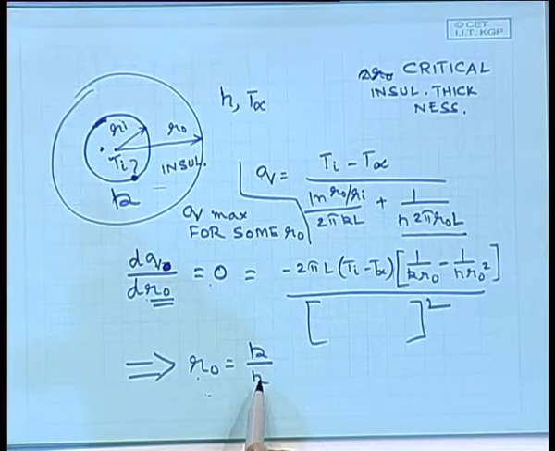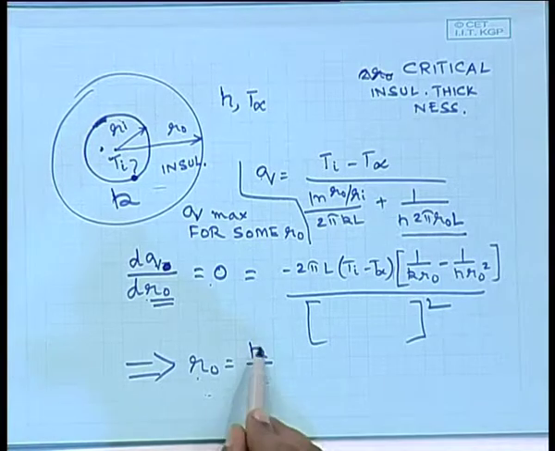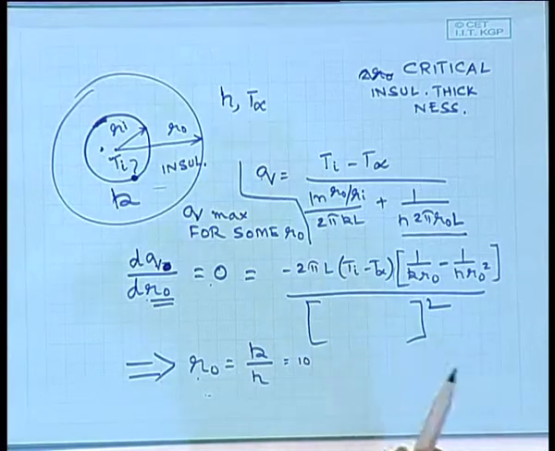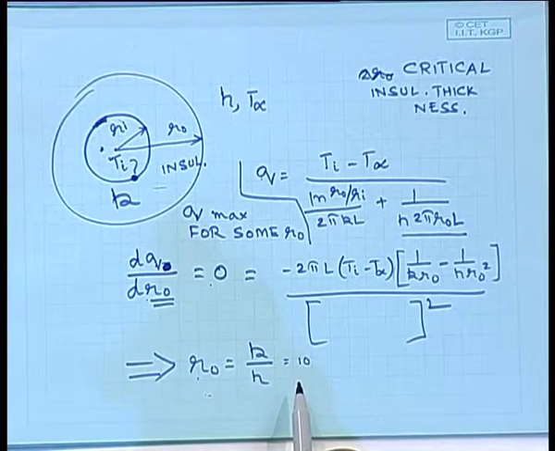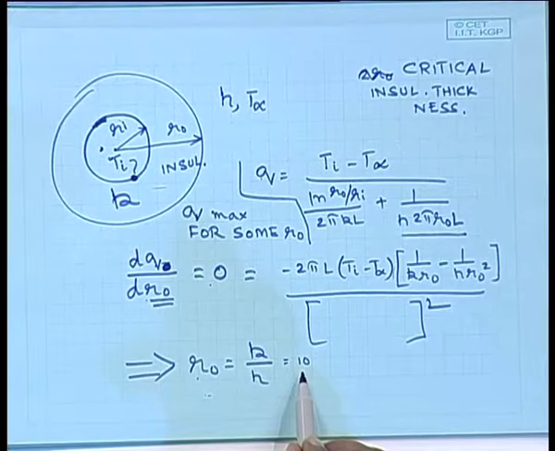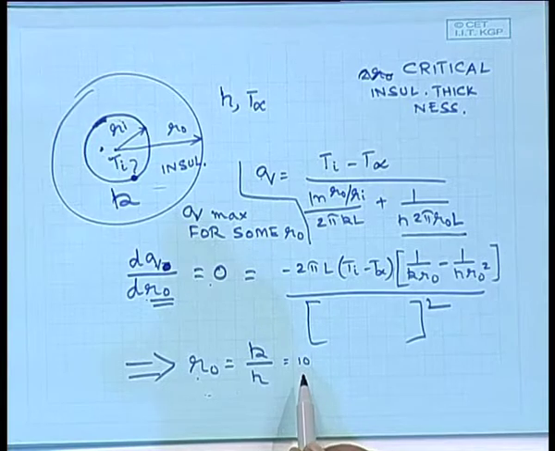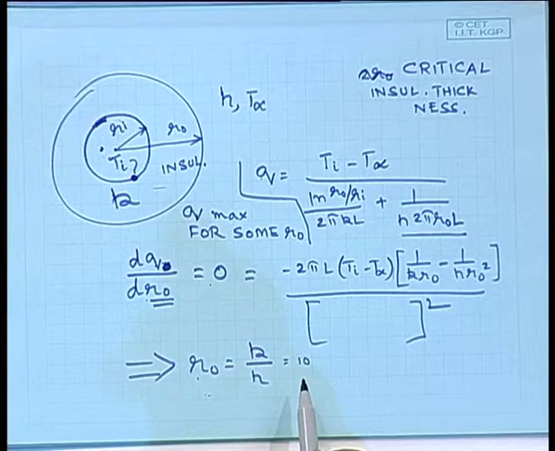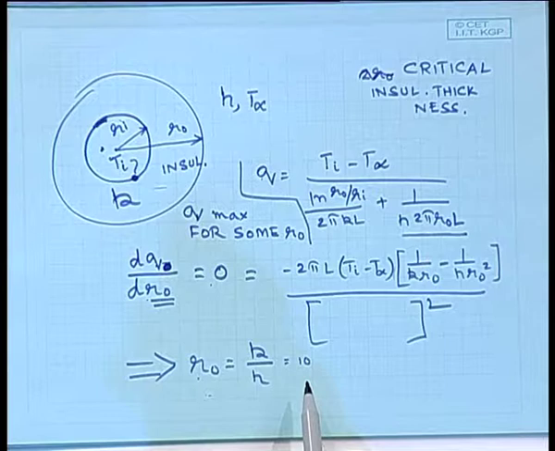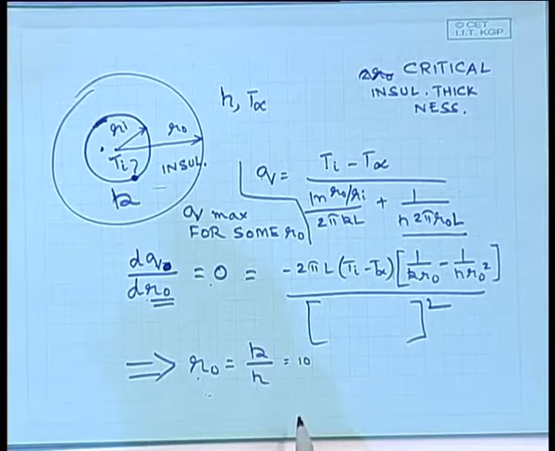When you cross R0 equal to K by H, suppose this value is equal to 10 in some unit, then as long as your R0, that is the insulation thickness, is less than 10, you increase heat loss by adding insulation. Once you cross that value of R0, your heat loss is going to follow what you expect. That means by adding insulation, you decrease the amount of heat transfer.